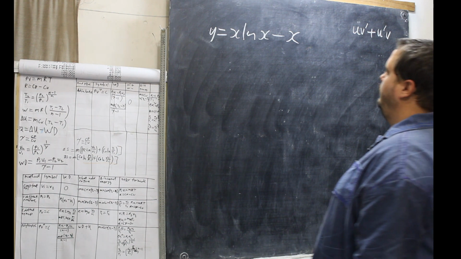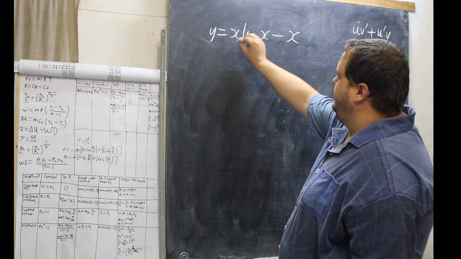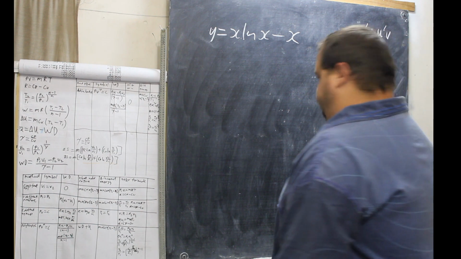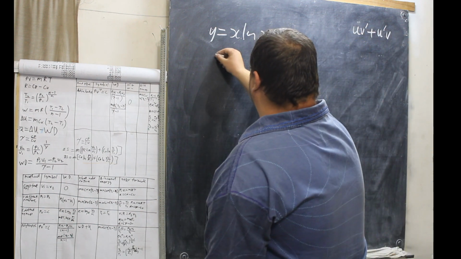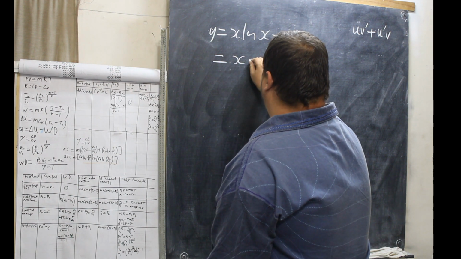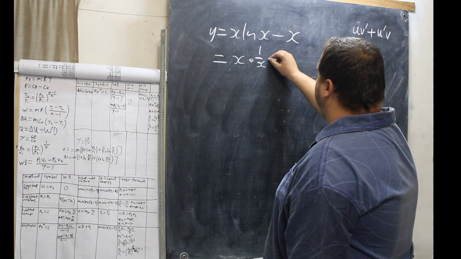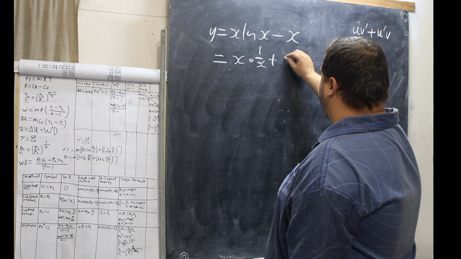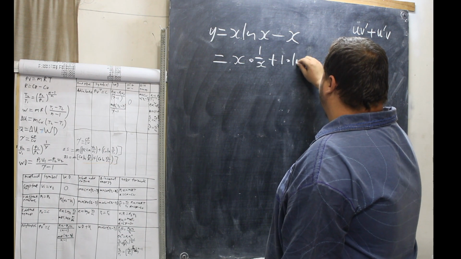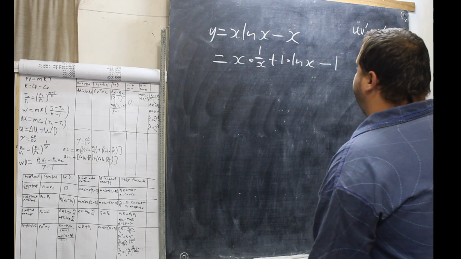Okay, remember, this here is product rule over here. That is just regular differentiation. So how that's going to work is x times 1 over x plus 1 times ln x minus 1.